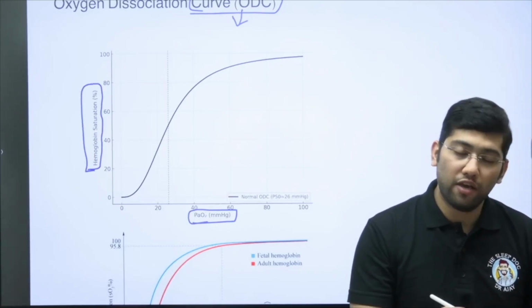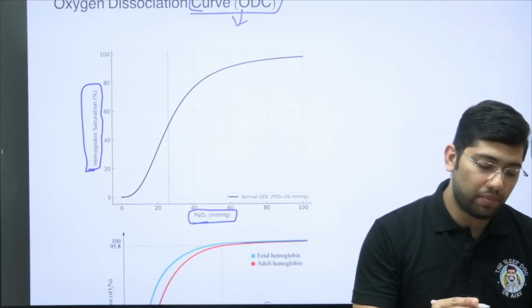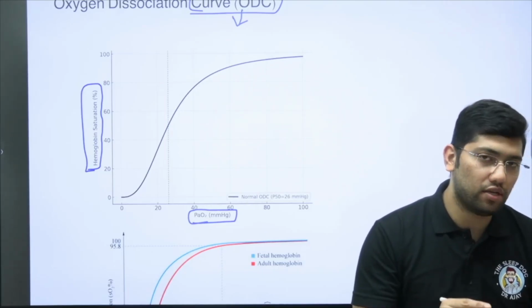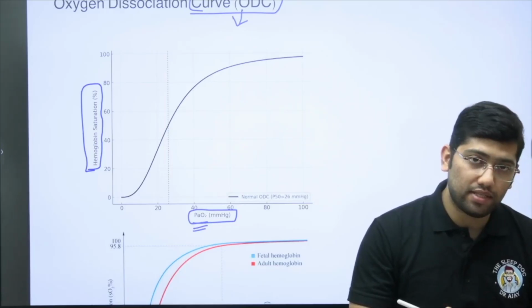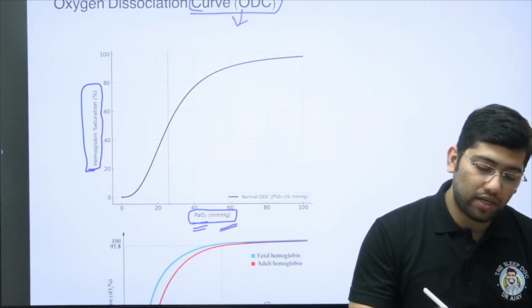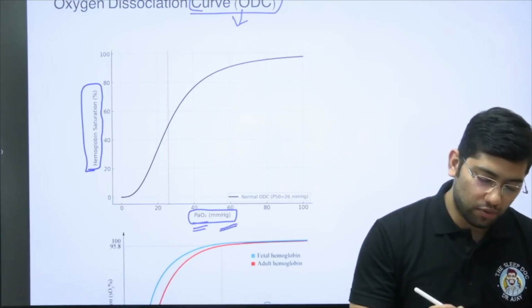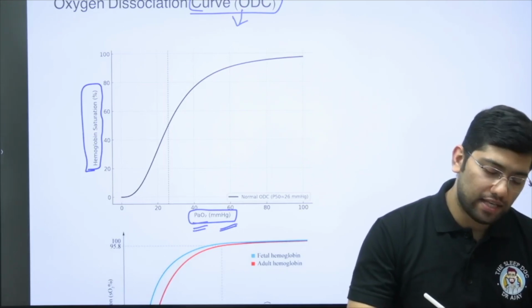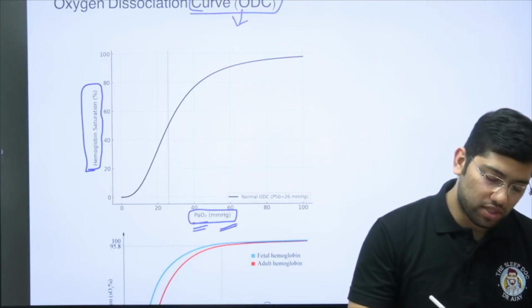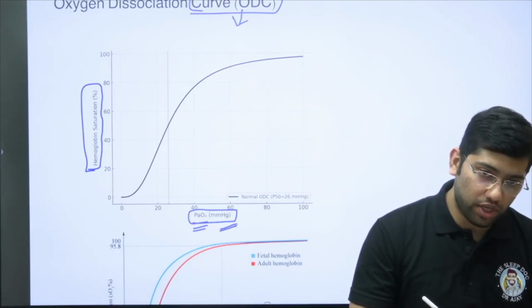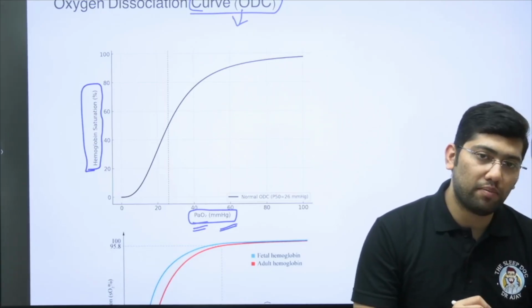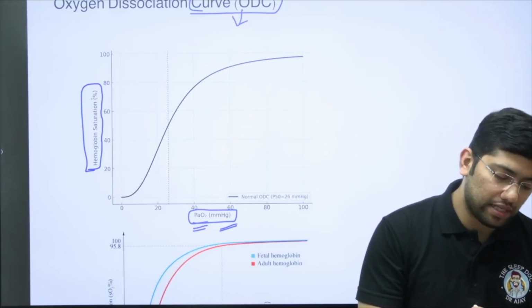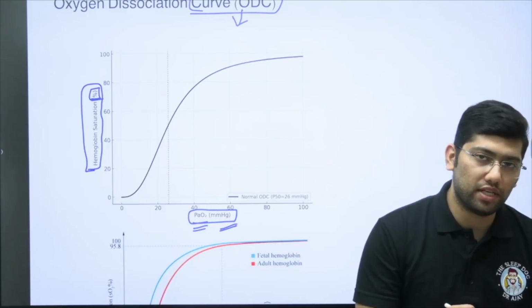For any diagram, make it a point to always note the axis, what the axis represents, and very important, the unit that it represents. On the x-axis, we have the partial pressure of oxygen, which is in millimeters of mercury, and the y-axis has percentage saturation of hemoglobin with oxygen. Obviously, the unit is percentage.